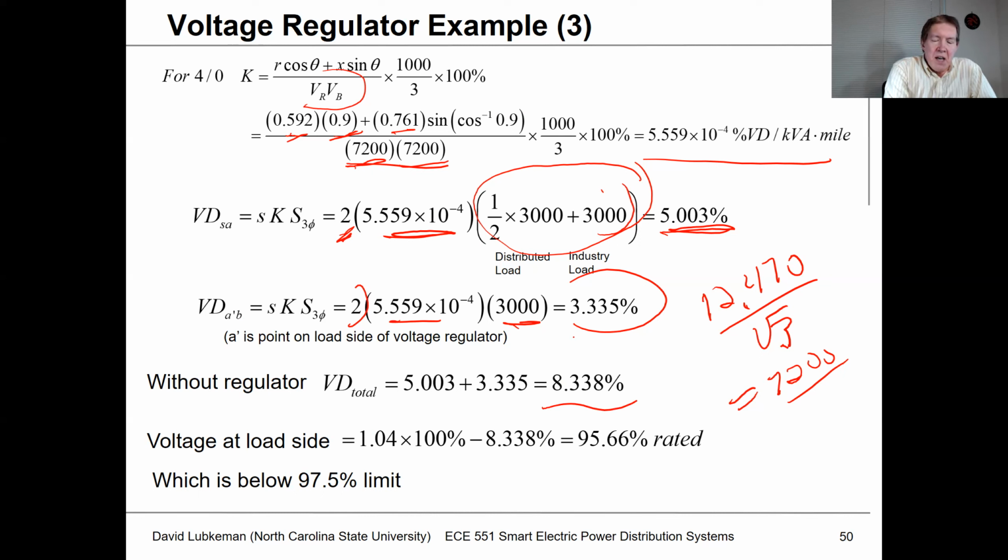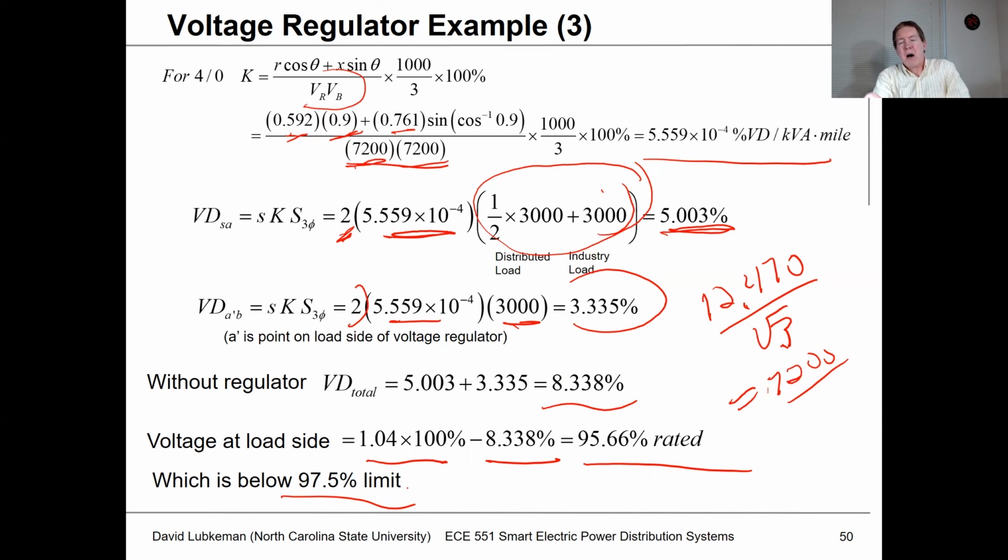Then if I take the 1.04 at the substation and subtract off the 8.338%, this gives me 95.66% of the rated voltage, which is going to be below what I generally try to get for the primary drop, not going below the 97.5% limit.